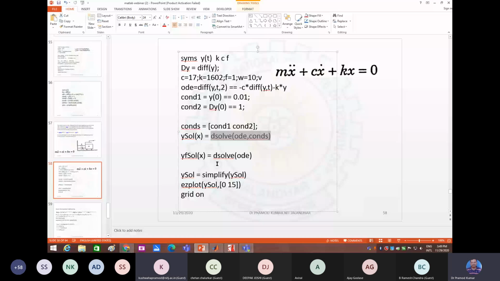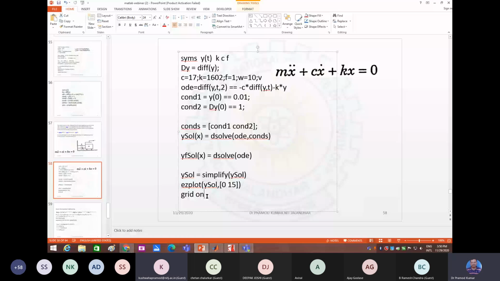Now we will put the solution with conditions and without conditions. Here, this will solve with condition, and this will solve without condition. After that, we will simplify, and then we will plot this diagram. Okay.